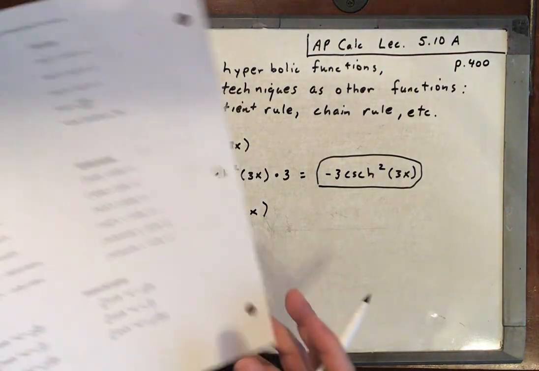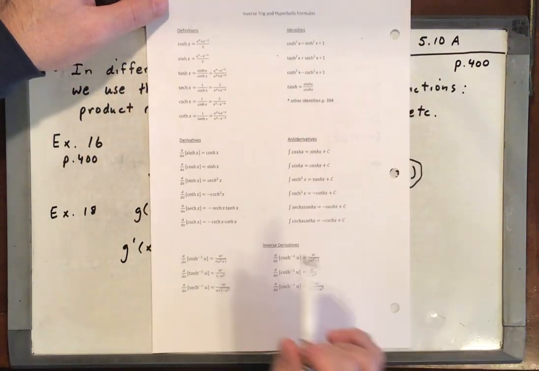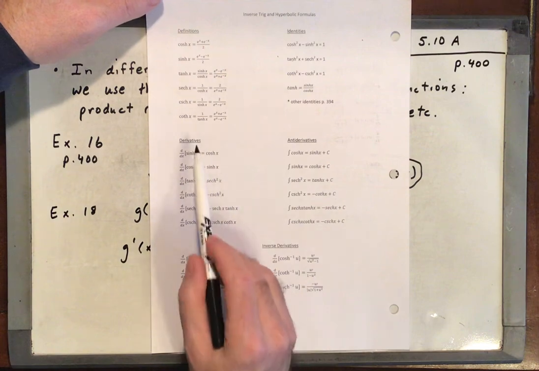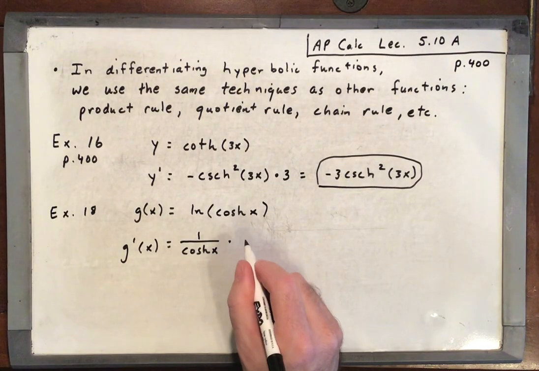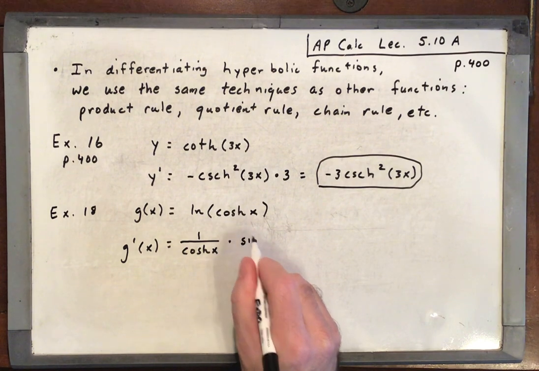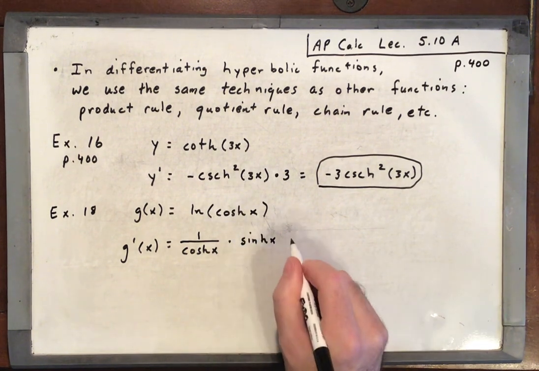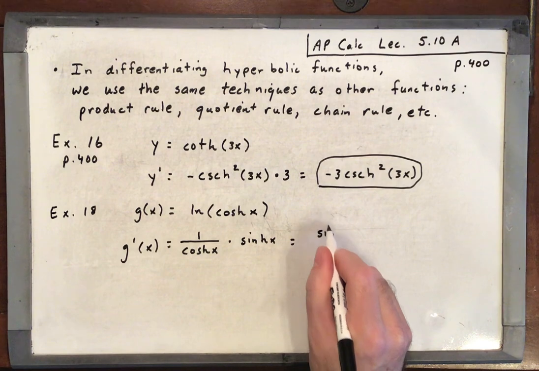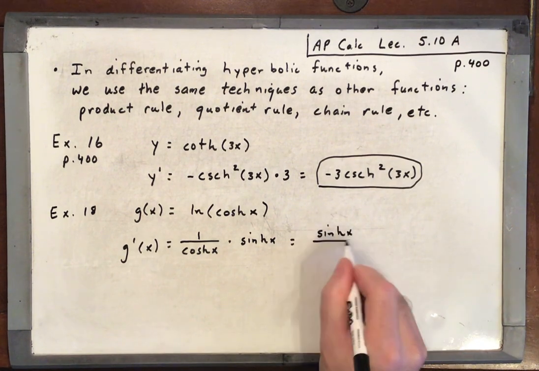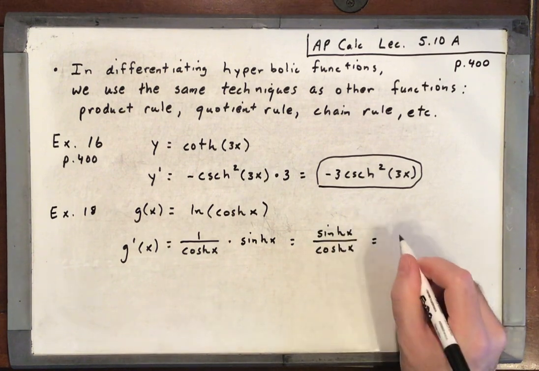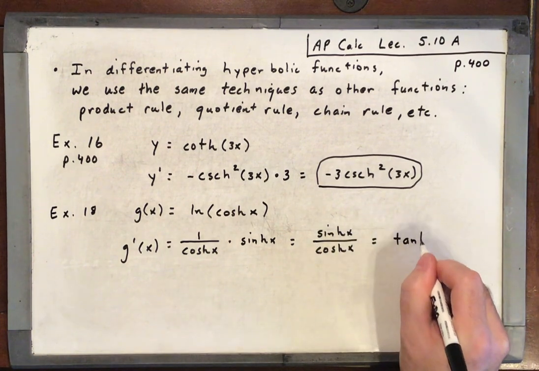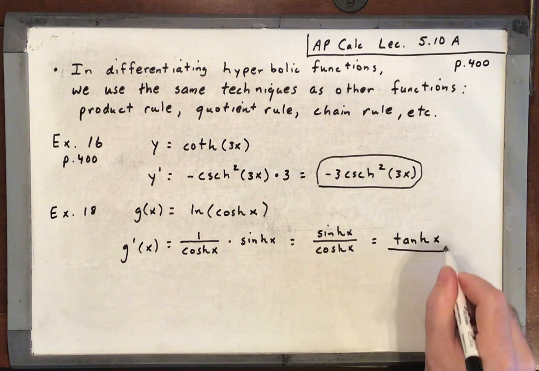Well, what's the derivative of hyperbolic cosine? You don't have to memorize it. Just find it on the sheet. It's hyperbolic sine. Not minus hyperbolic sine, by the way. So be careful. Use your sheet. So that's going to be hyperbolic sine x over hyperbolic cosine x. And that happens to simplify down to hyperbolic tangent of x.